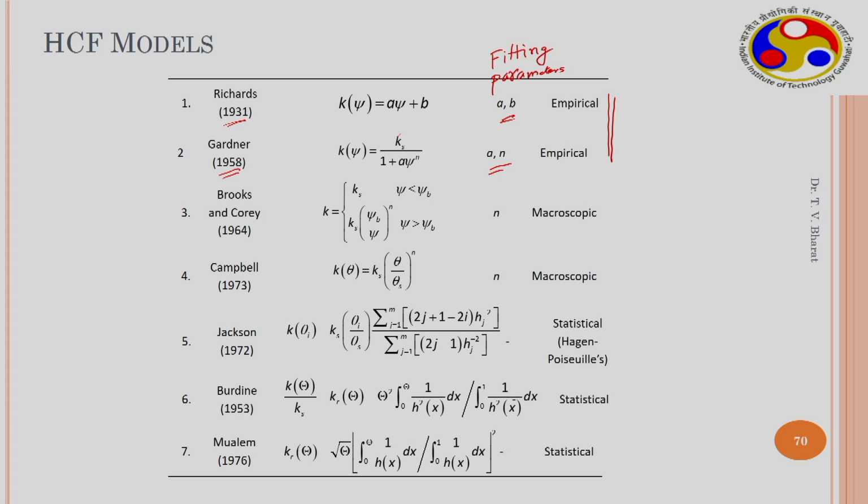The Brooks-Corey method is a macroscopic model, because it considers similarity between the soil water characteristic curve and the hydraulic conductivity function, and based on the similarity you have lambda, which is related to n. Similarly, Campbell proposed another model which is also a macroscopic model. So these three are statistical models.